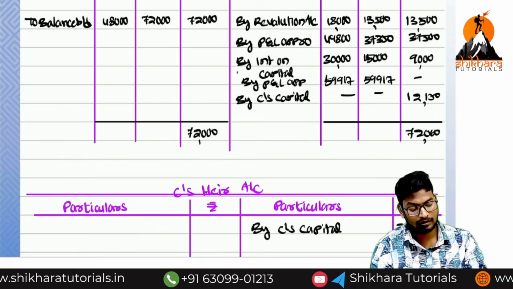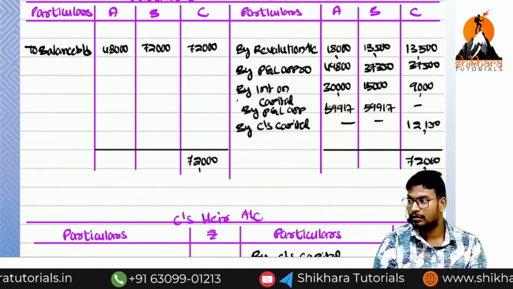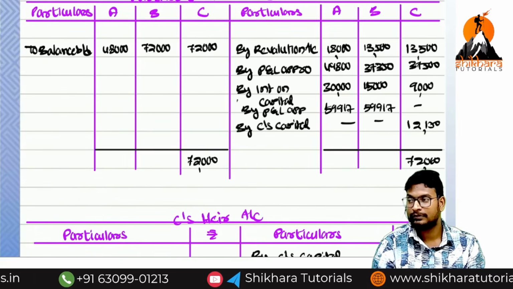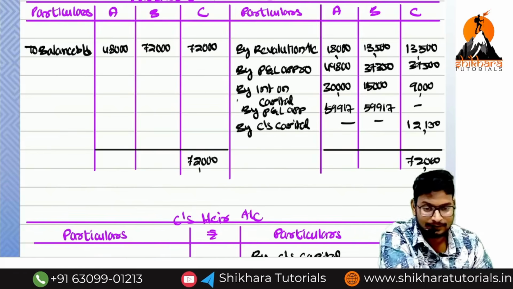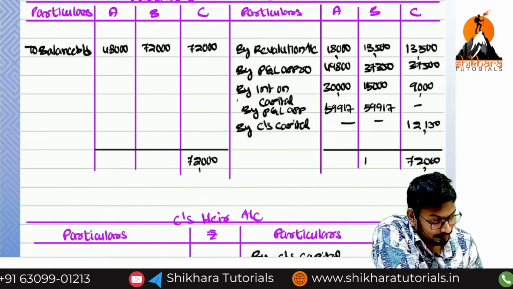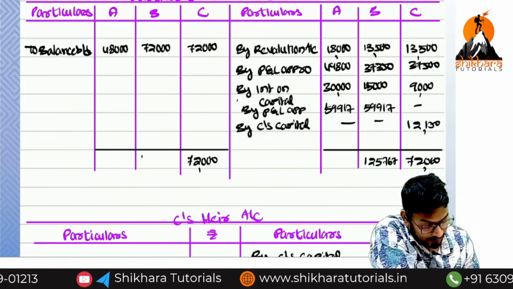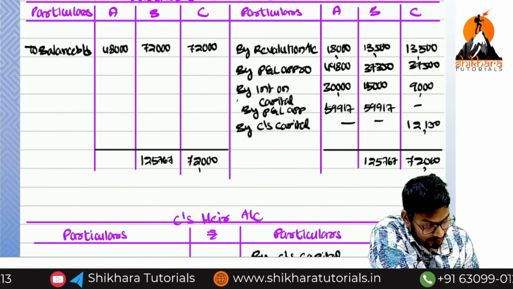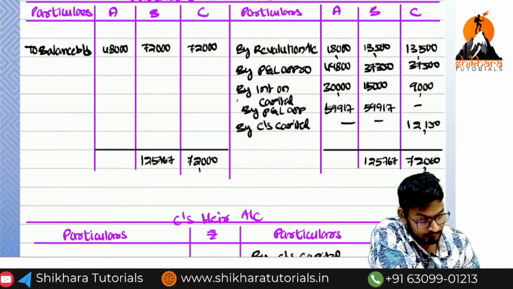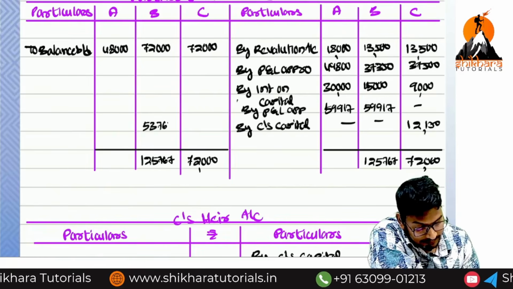One lakh. Keep the sheets one more. 1,767. 1,25,767. What is the balance? 53,767.